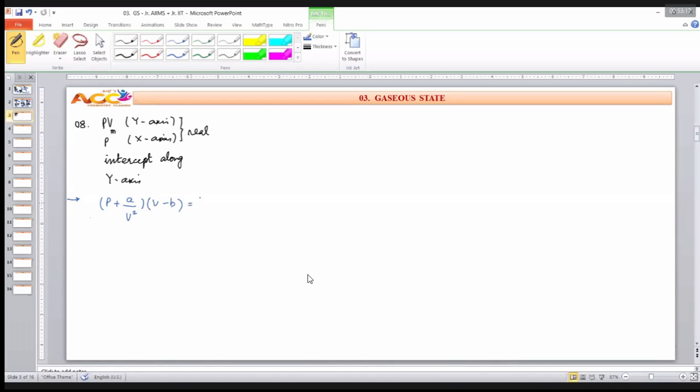I am taking 1 mole because he is saying molar volume here. अब once you are having this one, what he is asking, PV should be along y-axis. ठीक है, यहाँ से PV आएगा, PV − Pb + a/V − ab/V² = RT.